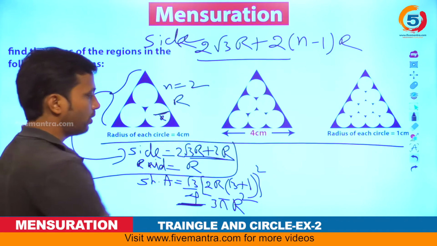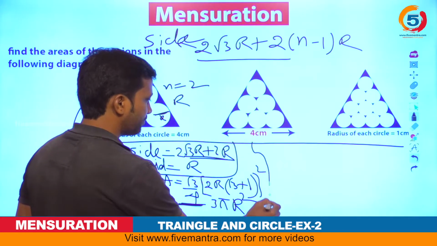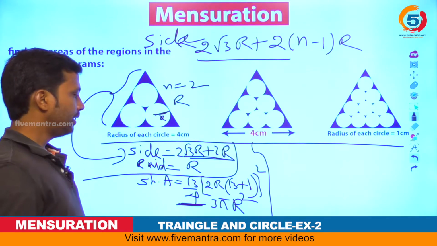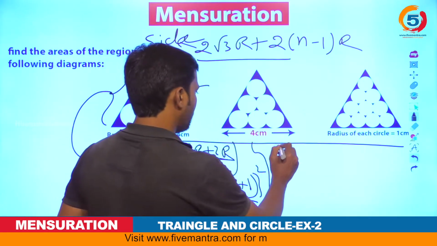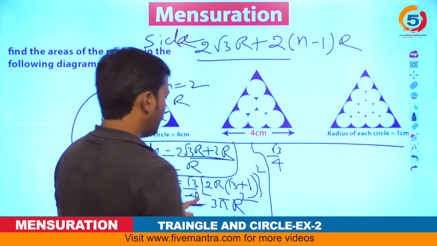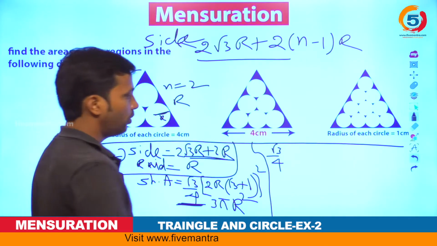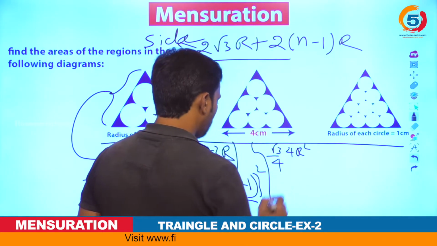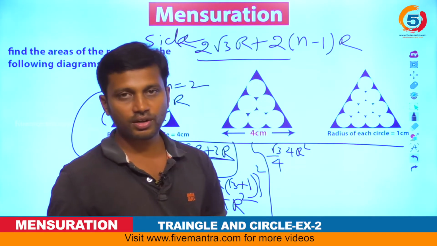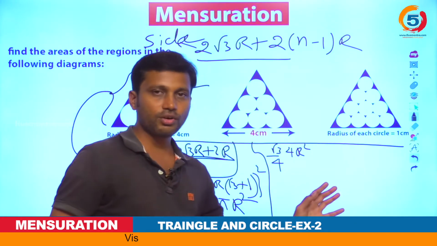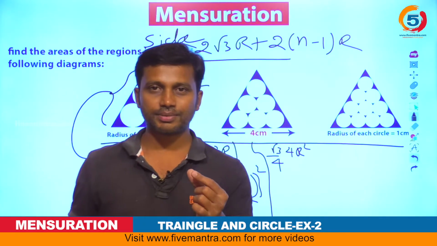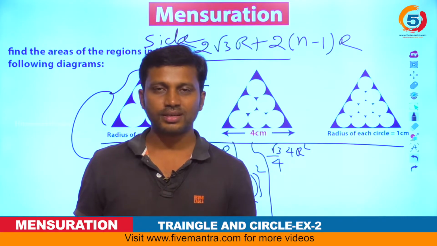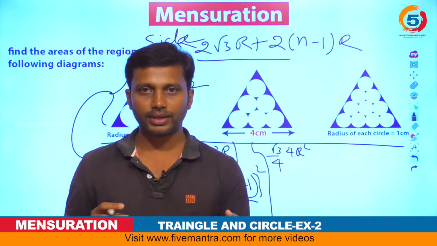Now let us do the simplification. Just see, root 3 by 4 into 4R square into (root 3 plus 1) whole square. We can't write everything on the board; these are algebraic formulas you have been learning since your 6th or 7th standard, so better to do this in your mind. How can we do this?